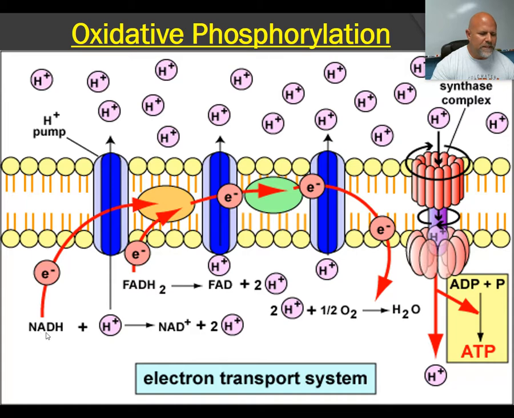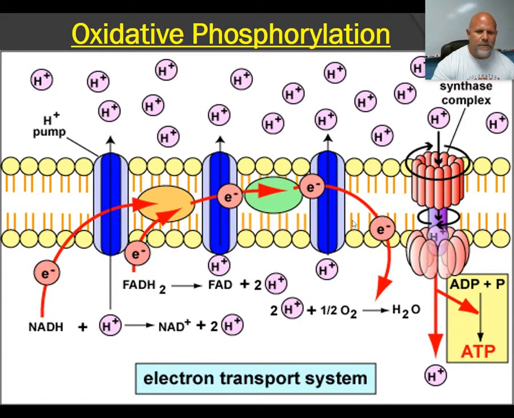The electrons in NADH have the potential to pump 1, 2, 3 protons out. Okay, so we end up with 3 hydrogens being pumped out for every NADH, and we get 2 hydrogens pumped out for every FADH2.